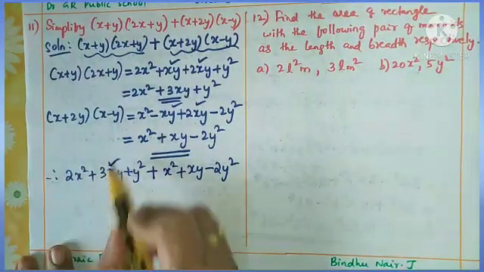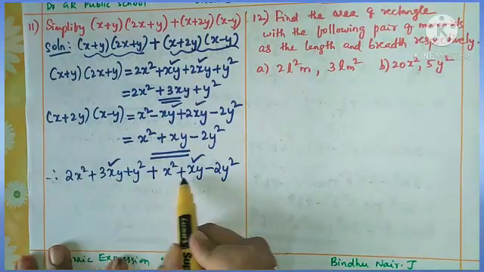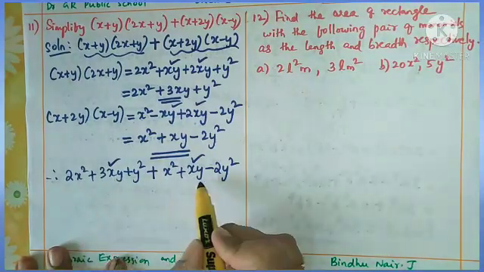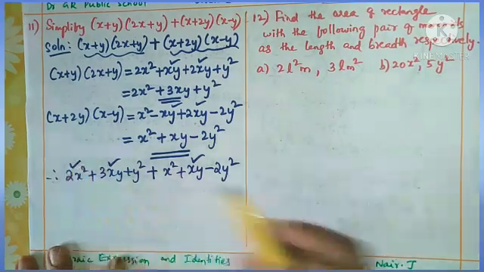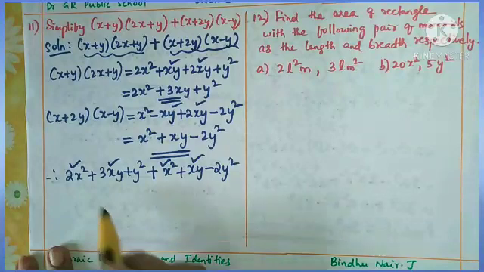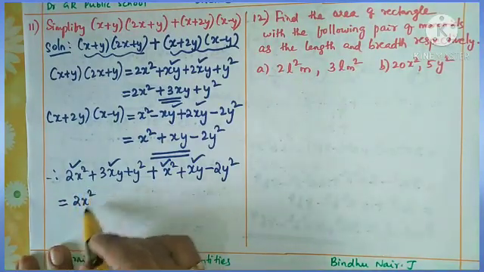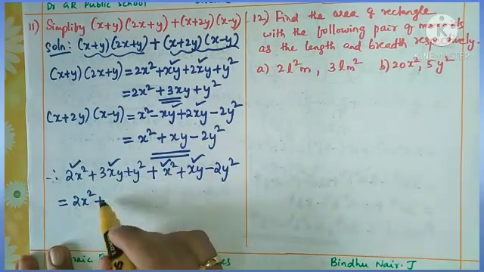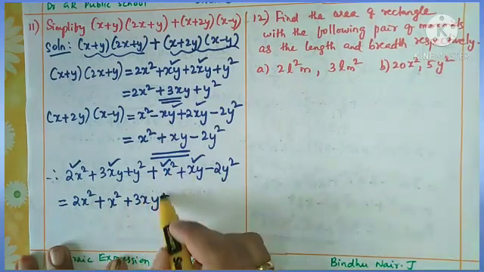Here you see one xy term, so 3xy and xy. So that will become 4xy. And also you can see one 2x square and here one x square, so that also you can combine. So just write first 2x square and here x square, then 3xy, here one xy.